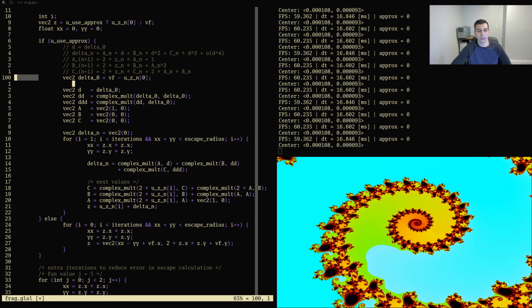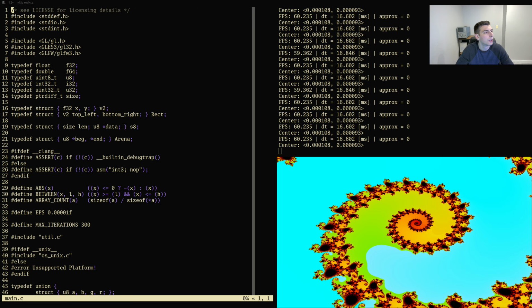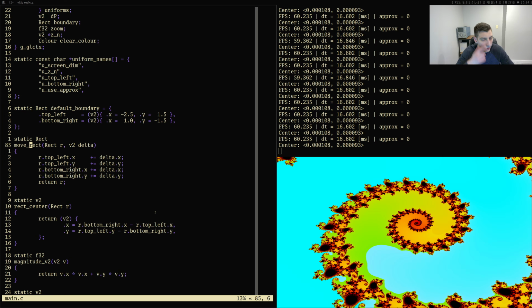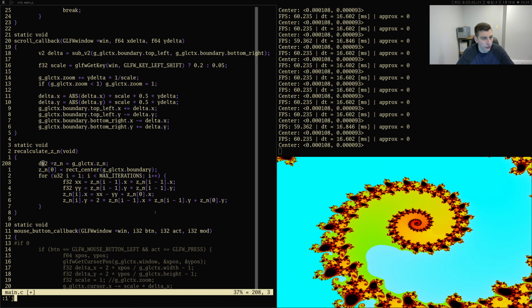Is this center point just running out of precision? That's what I'm curious about in the C file. Let me see. So let us do recalculate Mandelbrot. Let's make a new type just for now.